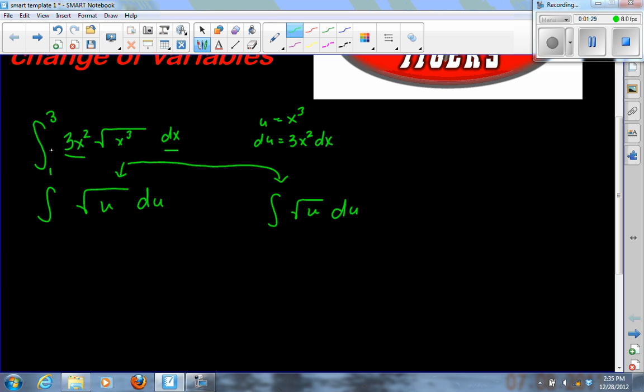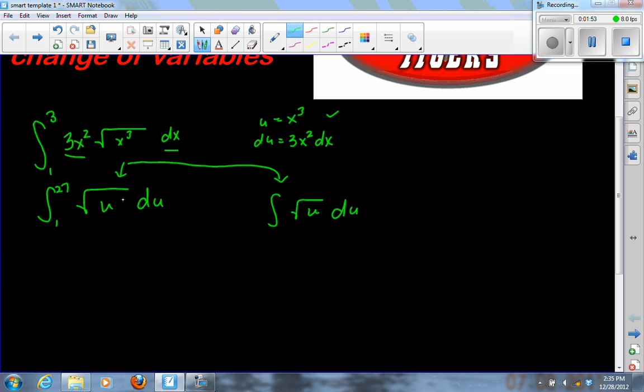These are X limits. If I want to change this to U, I have to come over here to my substitution, and I say if X was 1, what would U be? So if X was 1, then U is 1 cubed, which is also a 1. It doesn't always work that way. We'll see here when X is 3, then U is 3 cubed, which is 27.